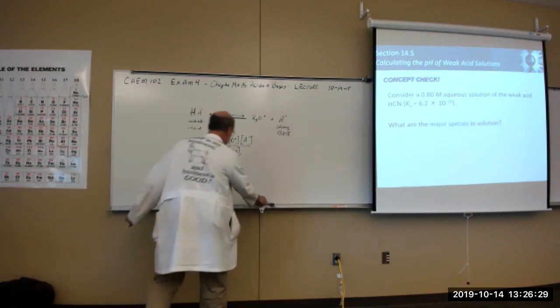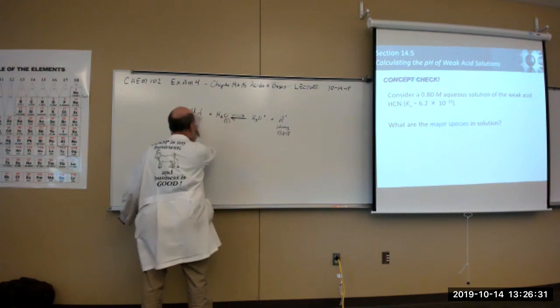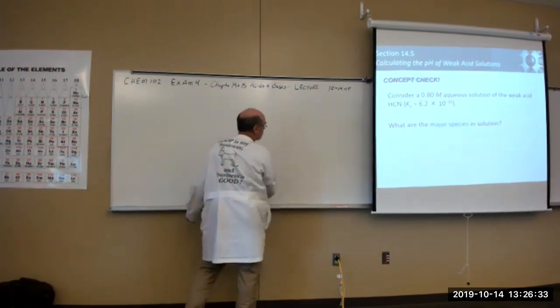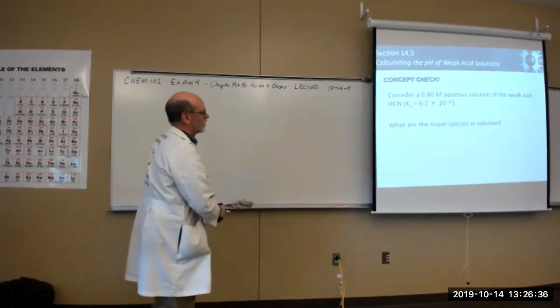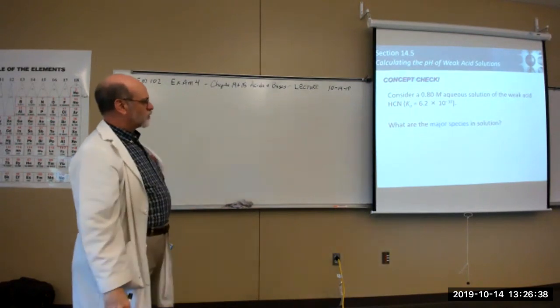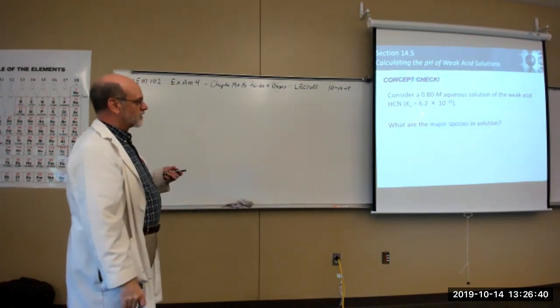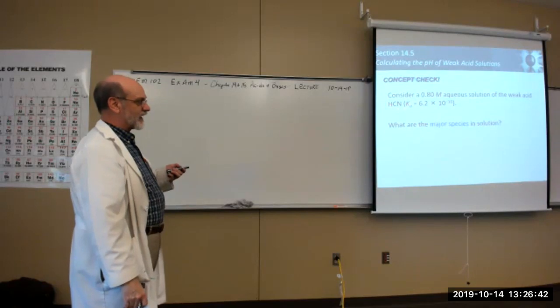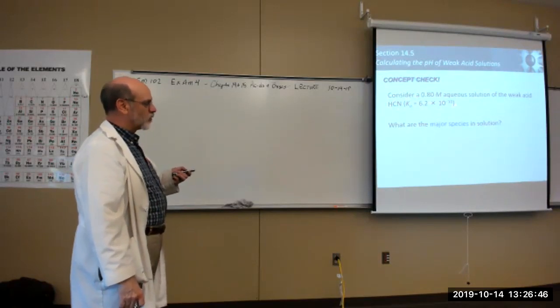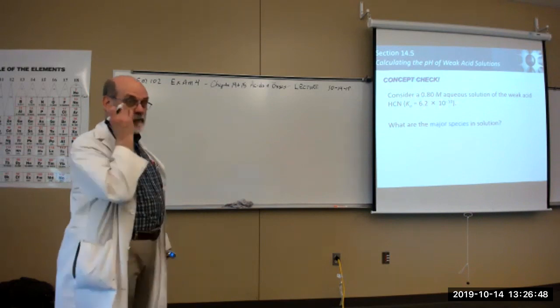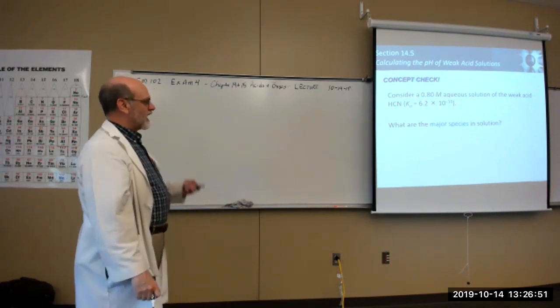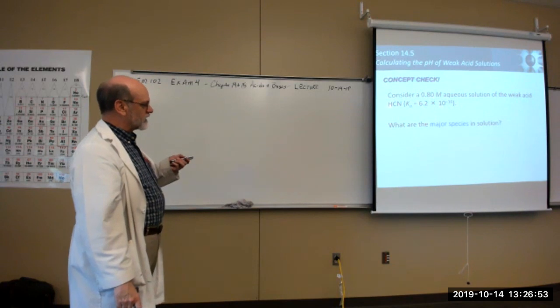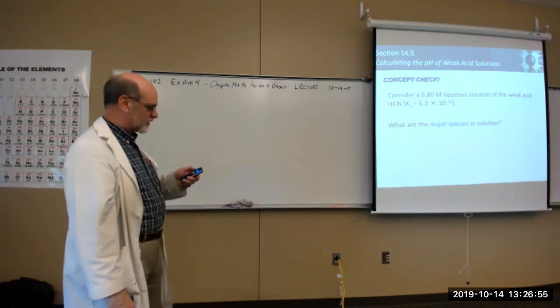Okay, so let's consider a real problem where we have this reaction. We're going to make an aqueous solution of hydrocyanic acid, and there's the Ka value, right? So it's a very weak acid, 10 to the minus 10. And the initial concentration of HCN is this. So what are the major species in solution?